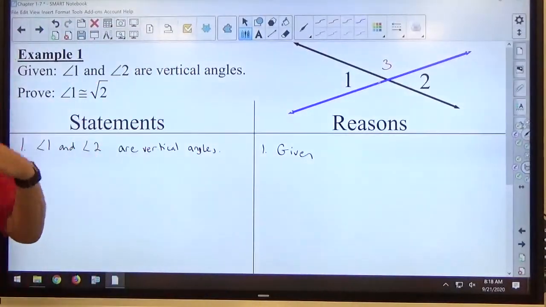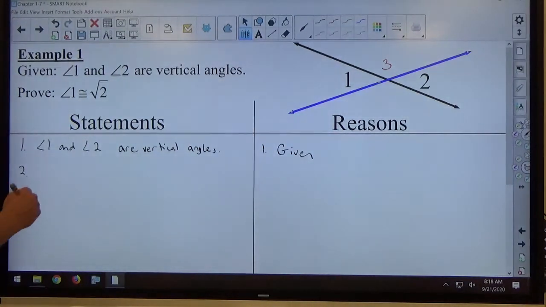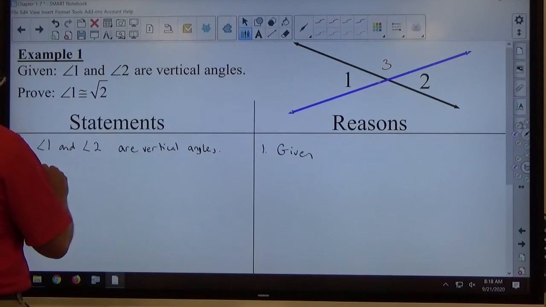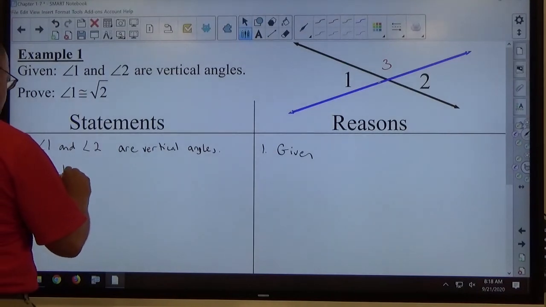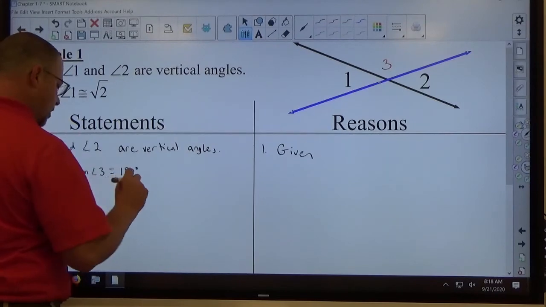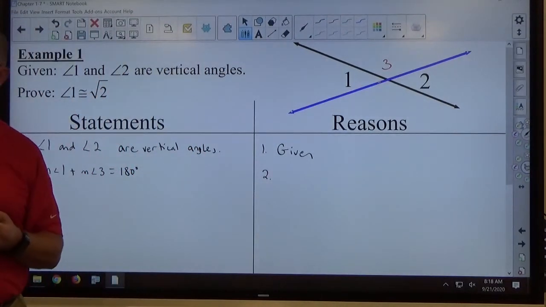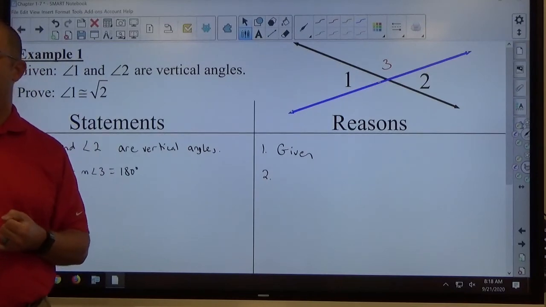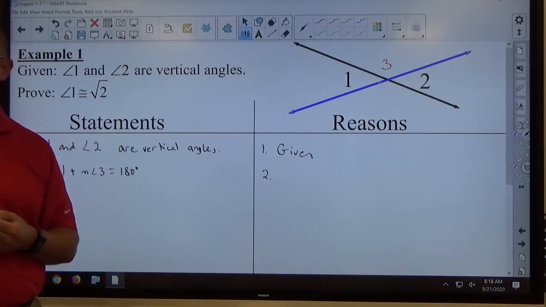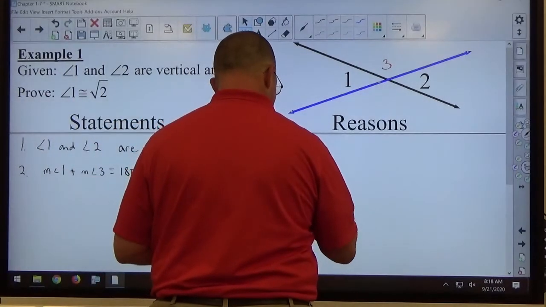We've been doing all this if-then stuff recently. The hypothesis has been satisfied, so by the law of detachment we can say that the measure of angle 1 plus the measure of angle 3 equals 180 degrees. And again, the if-then statement says if two adjacent angles form a straight line, then they add up to 180. I'm going to say 180 degrees in a straight line.